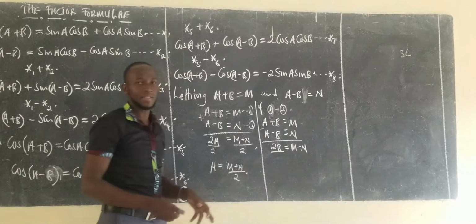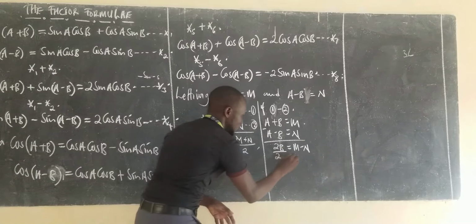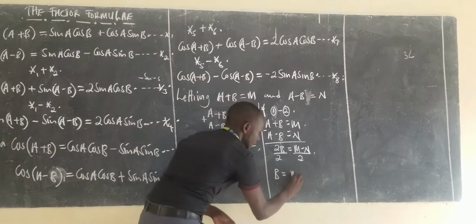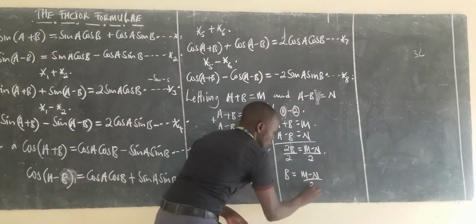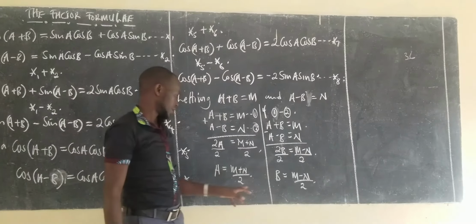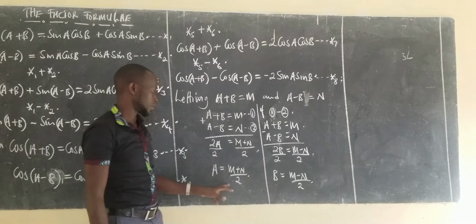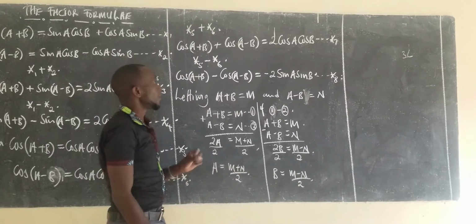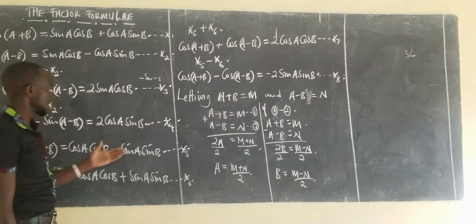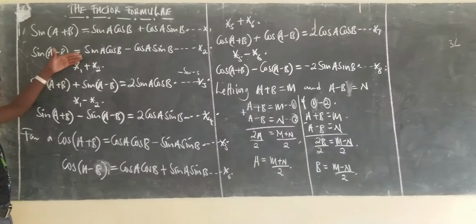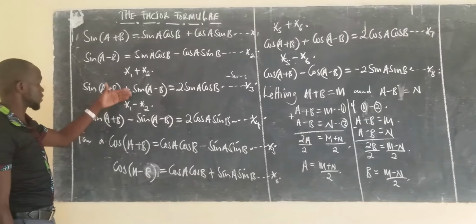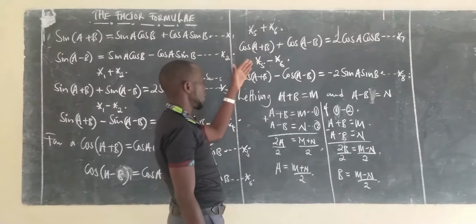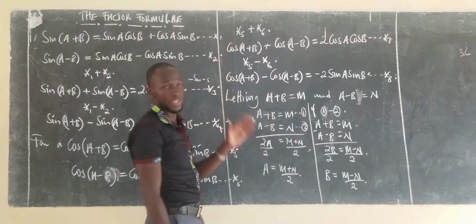Now that you want B to be the subject, you divide by 2. Then you shall have B as m minus n over 2. These are the values of A and B as proven here. Now, when you look at our equations back, look at where you had the sum and subtraction of sines, and then the sum and difference of the cosines.